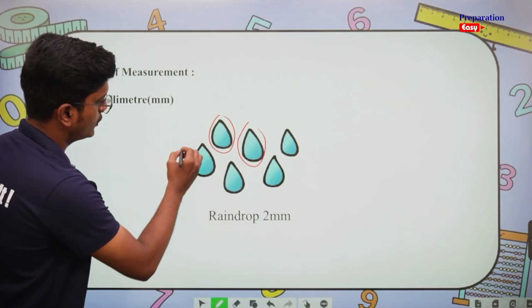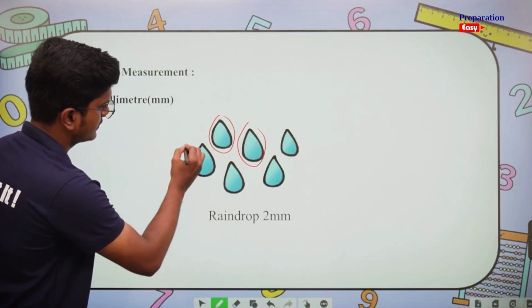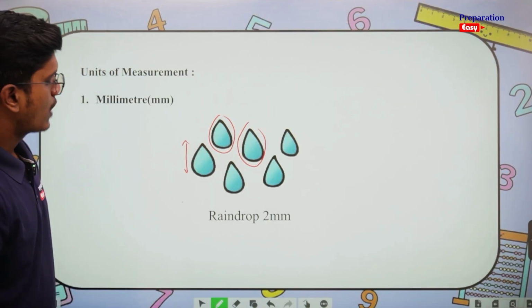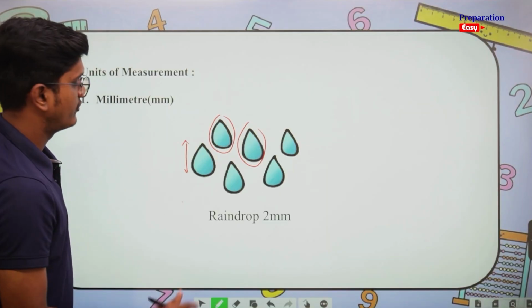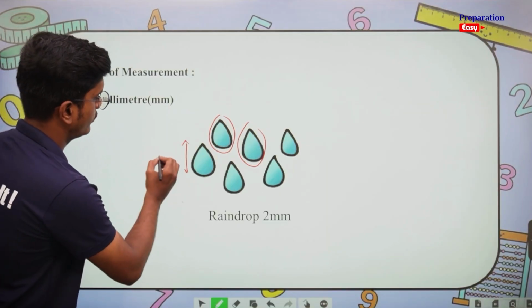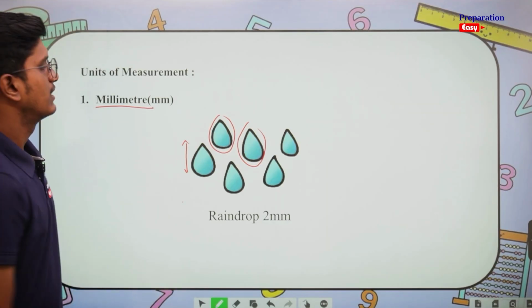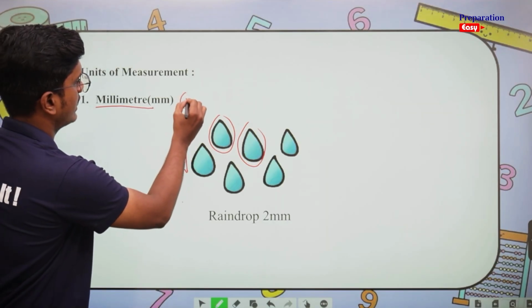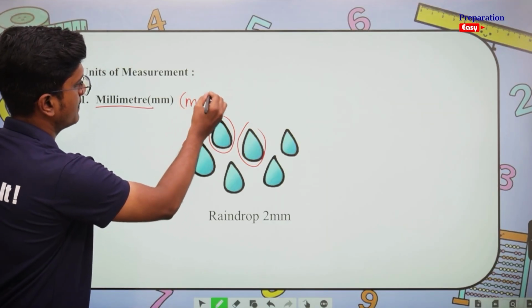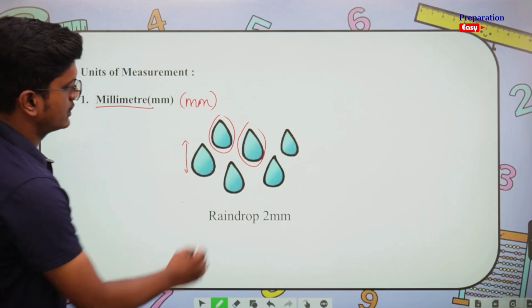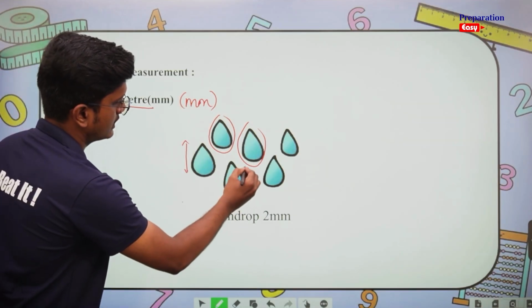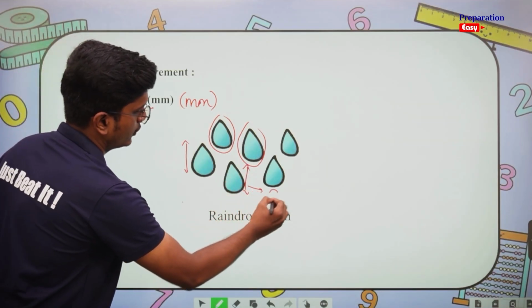These raindrops also have some length. How can we measure these raindrops? We will measure them with the unit millimeter, which in short form we write as mm. The raindrop had a length of 2 millimeter.